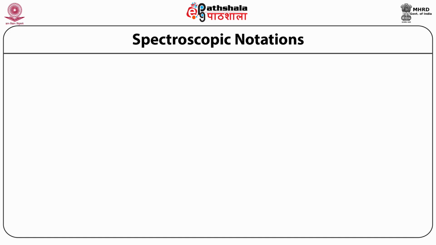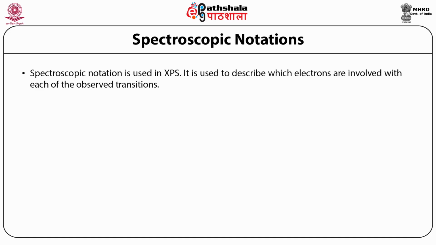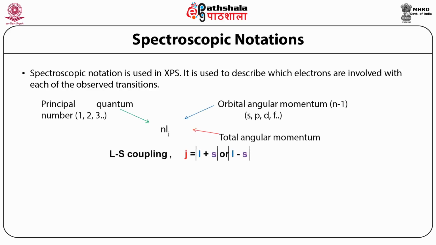Now, the spectroscopic notations. Spectroscopic notation is used in XPS to describe which electrons are involved in each of the observed transitions. In general, the spectroscopic notation can be represented as nL_J, where n is the principal quantum number, L is the orbital angular momentum, and J is the total angular momentum.